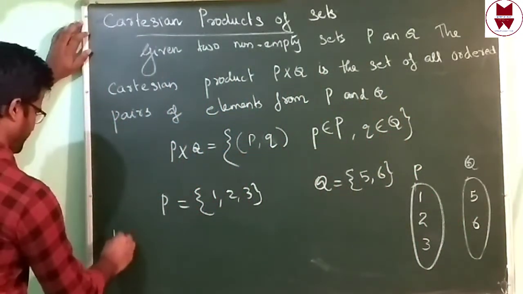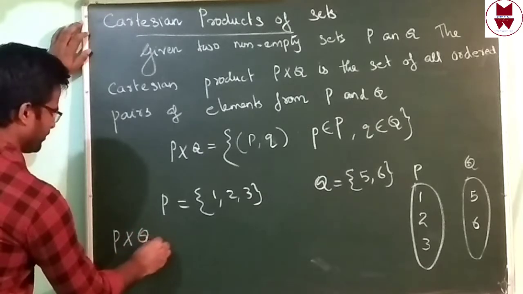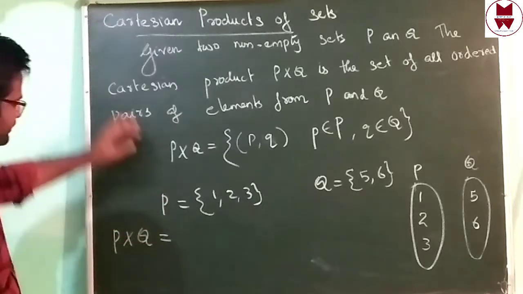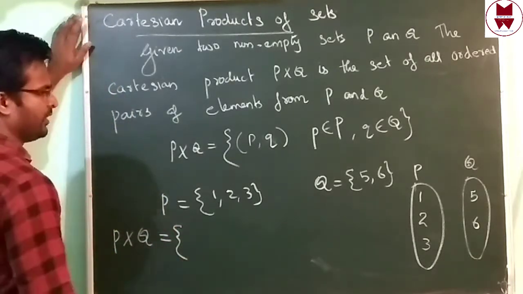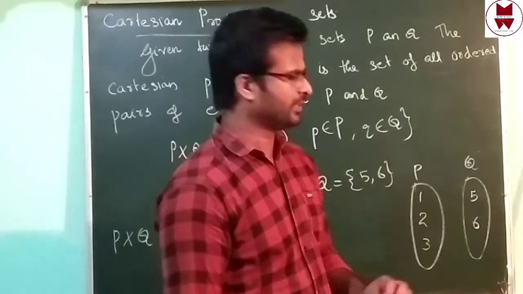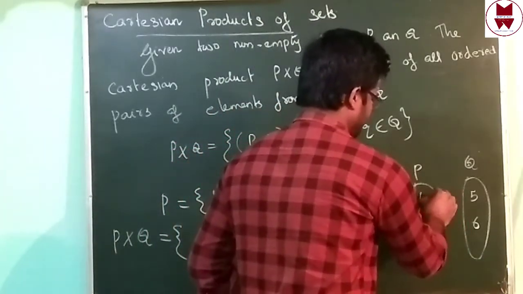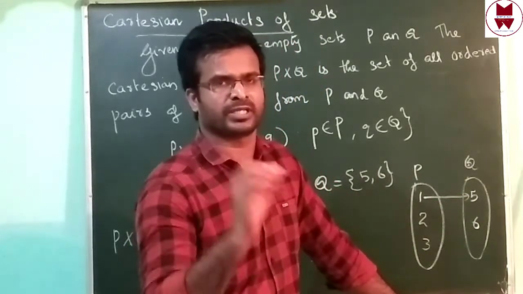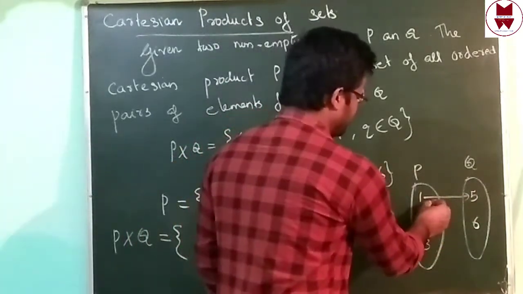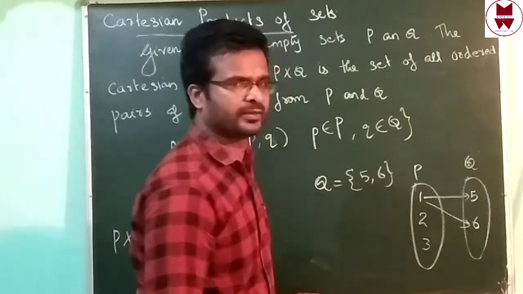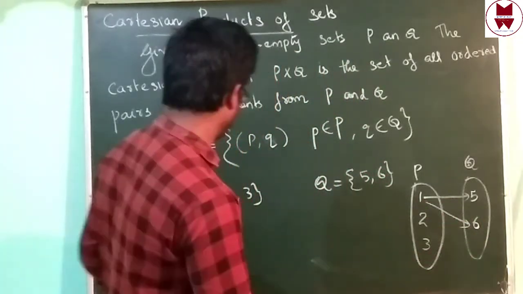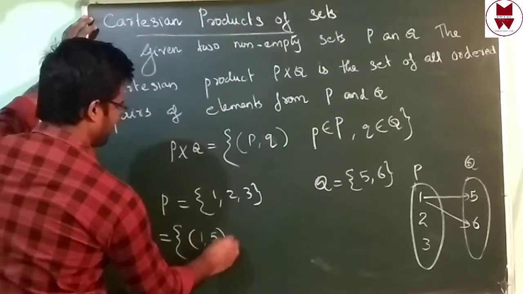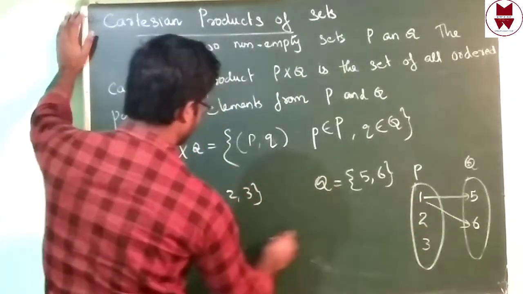Then we can find the Cartesian product P cross Q. We will read it P cross Q. If you make some connection from 1, it's like 1 and 5, some relation we can make, isn't it? Then again 1 and 6 also we can make some relation, isn't it? We can write the ordered pairs: first one is (1, 5), second one is (1, 6).